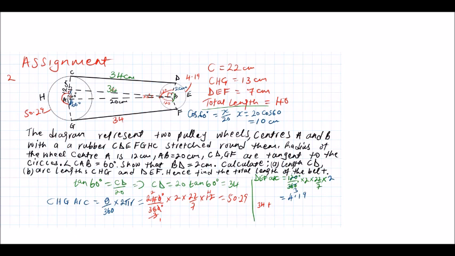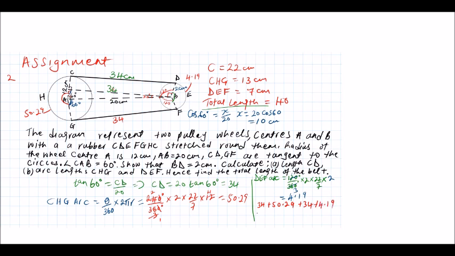CD is equal to GF. Is that correct? So that is 34. So to get the total distance, you add 34 plus 50.29 plus 34 plus 4.19.